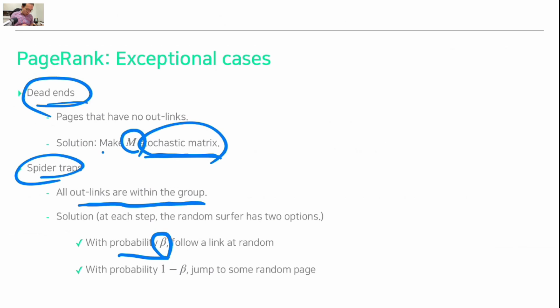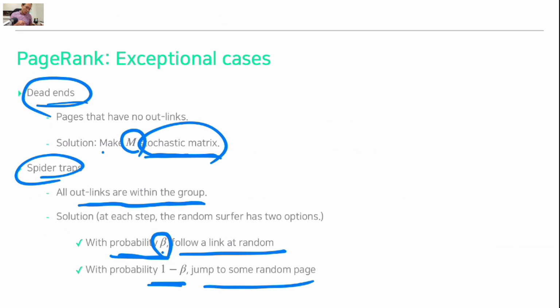We divide the probability into beta and 1 minus beta, and with probability beta we follow a link at random, propagating the PageRank score. So in this way we can escape from the spider traps. And with the probability 1 minus beta, we jump to some random page.